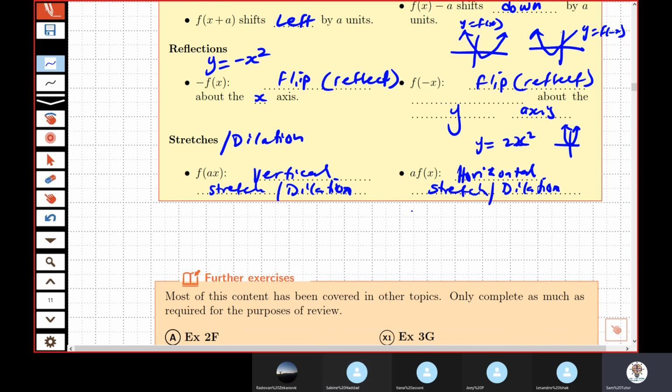How does that work? The best thing is to actually see it on a graphing calculator, but if I gave you x plus 3, just a straight line, somewhere like this, and I multiplied the whole function by 2, what happens to this guy?